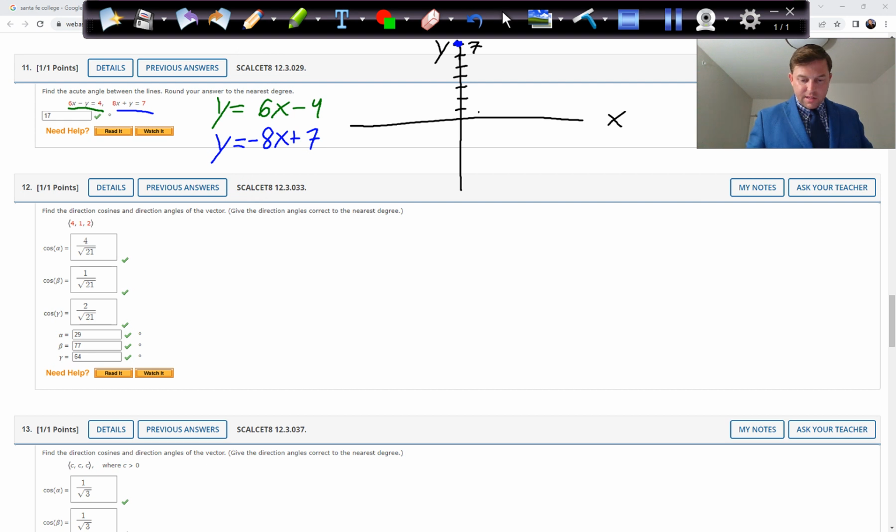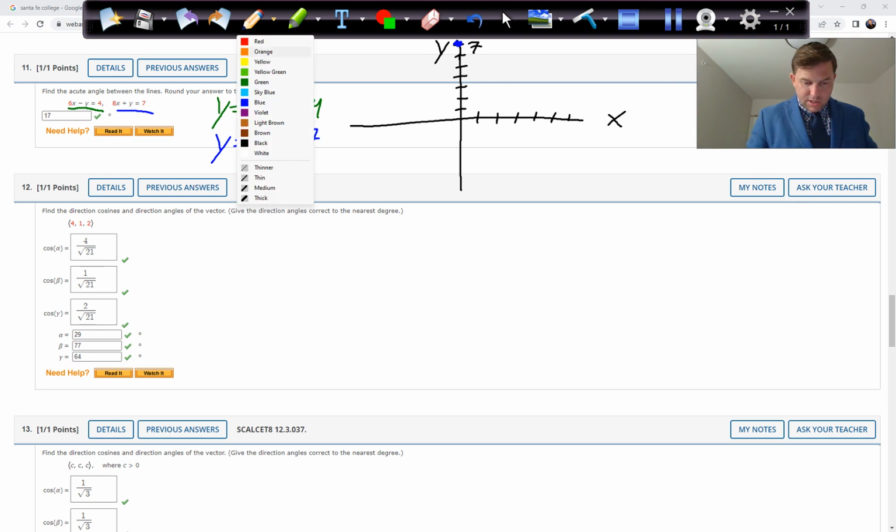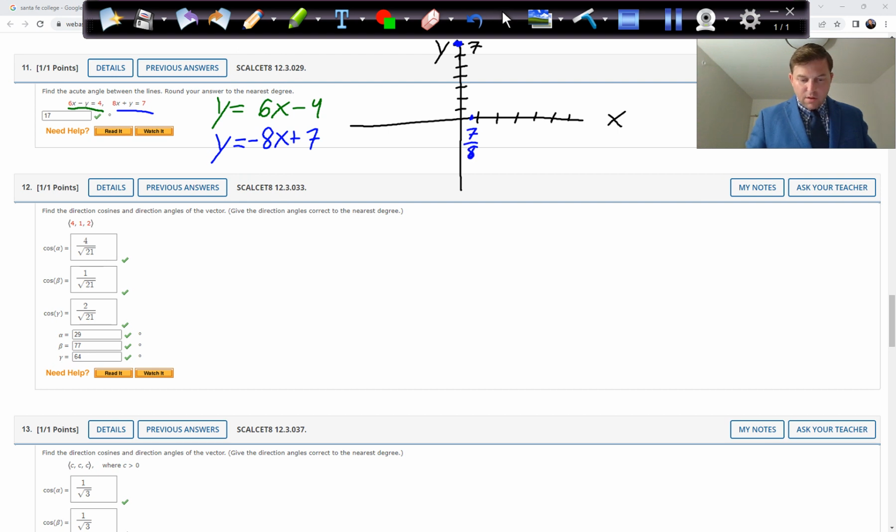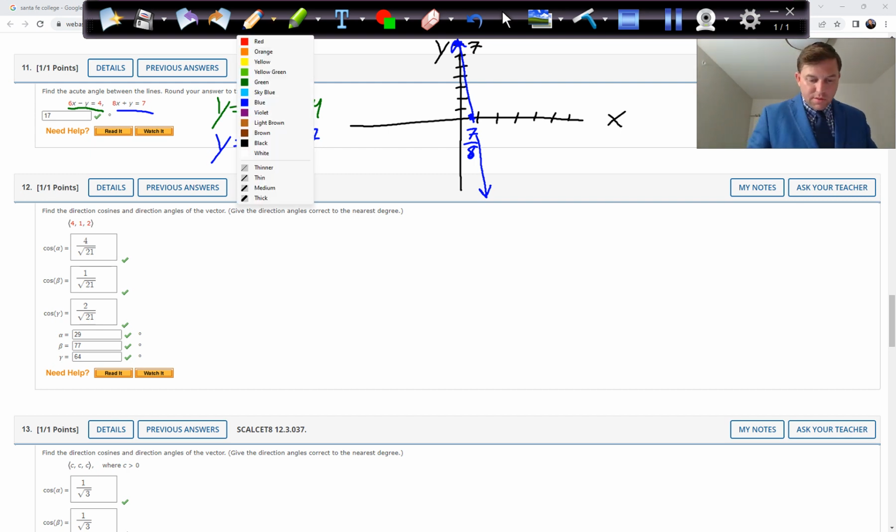When x is 7/8, which is just shy of 1, when x is 7/8, this will touch the x-axis. So this line is going to go through these 2 points and down. Okay, that's the blue line. The green line is going to start at negative 4.